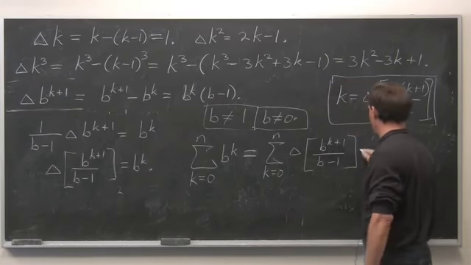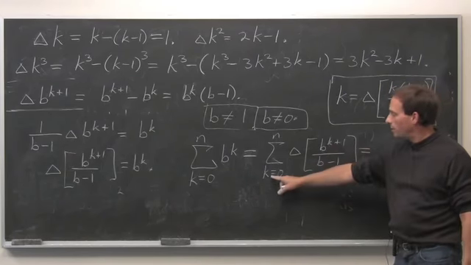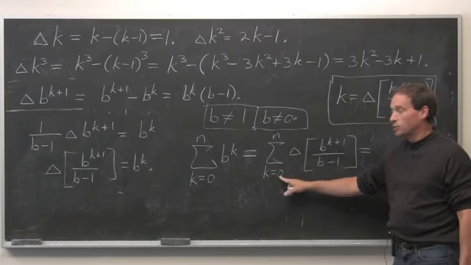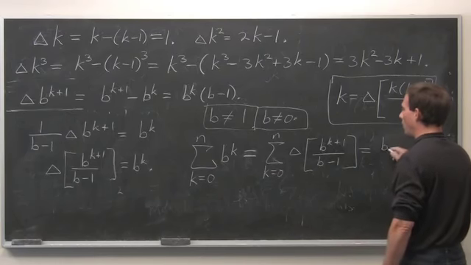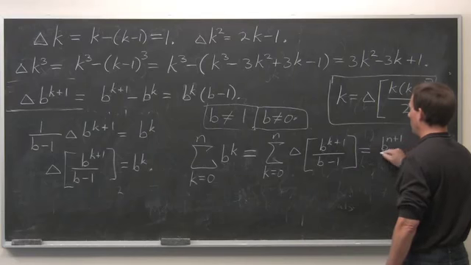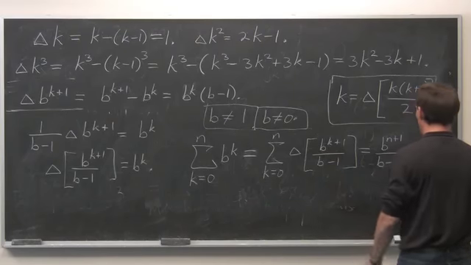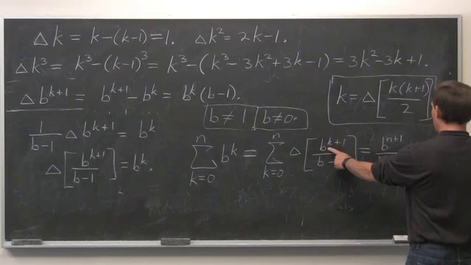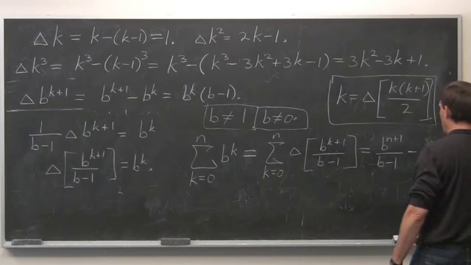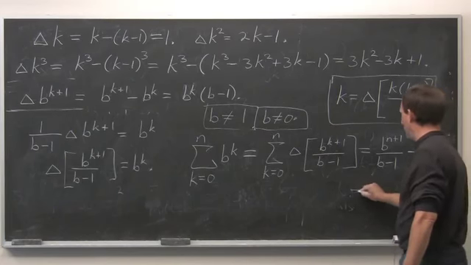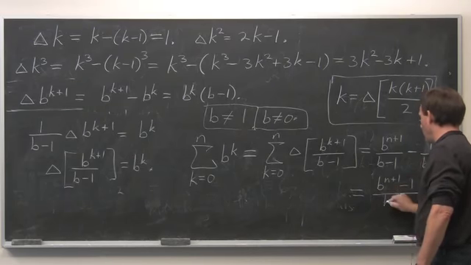This telescopes. And what do you get? You get what you get when you plug in n for k, minus what you get when you plug in k is 1 less than this, so when k is minus 1. So you plug in n, and you get b to the n plus 1 over b minus 1, minus what you get when k is negative 1. When k is negative 1, we would get b to the 0, that's 1, over b minus 1. They have the same denominator, so you get b to the n plus 1 minus 1 over b minus 1.